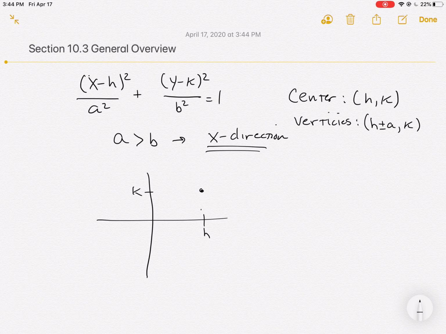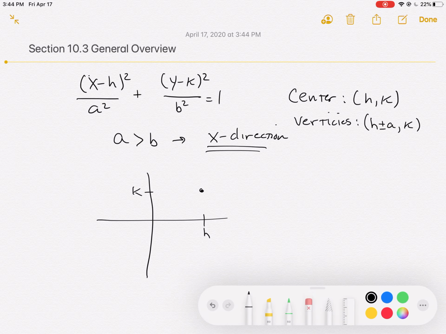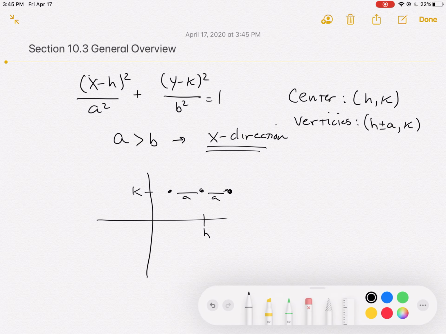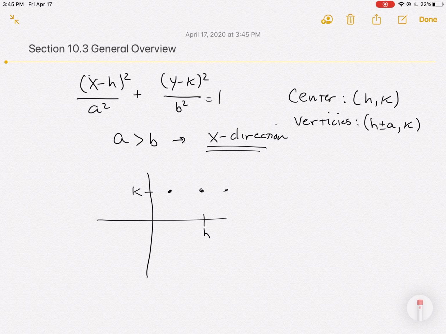That moves us maybe down here a distance A, and apologize, that's moving in the y direction. That's going to move us in the x direction, back A, and forward A. So the distance between here and here is A. That's the same distance in there, even though it may not look like it. So you're going an A distance out to get these vertices.